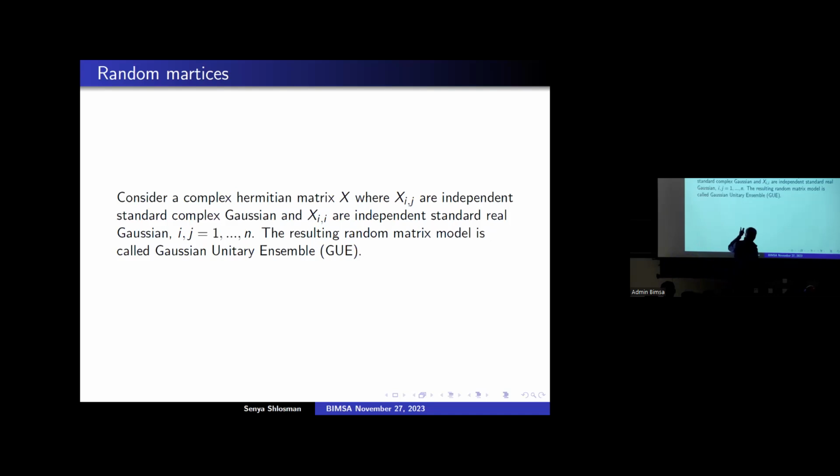And you want your matrix to be Hermitian, so you just fill the upper half of your matrix by independent identically distributed complex Gaussian random values. Then on the diagonal you put real Gaussians, as it should be for a Hermitian matrix. Okay, and then that's your object.